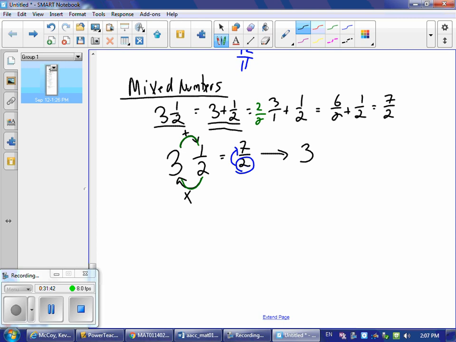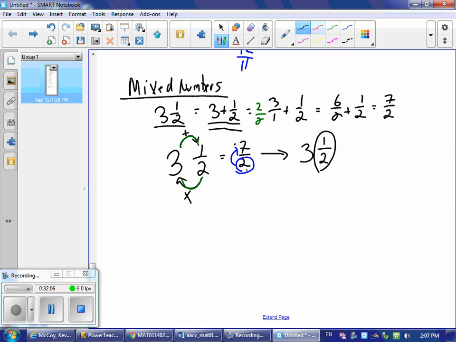And then how many is left over? Well, if 2 times 3 is 6, to get to 7, there's 1 left over. So my leftover is 1 over 2. And that's how you would go back. So again, ask yourself, how many times does your denominator go into your numerator, and whatever's left over is the remaining fraction right there.